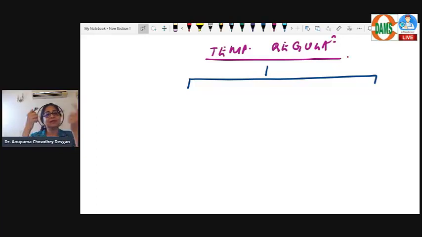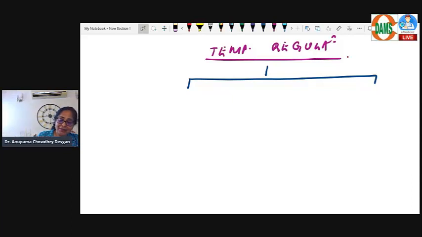So these thermoreceptors are on the skin and mucosae. Understood? For example, the oral mucosa also has got thermoreceptors. Skin has got thermoreceptors, right? But temperature regulation is not a function of the somatic thermoreceptors. Temperature regulation is a function of the hypothalamus, right?